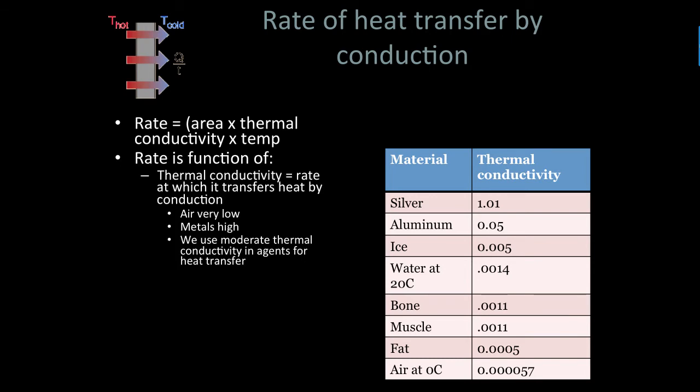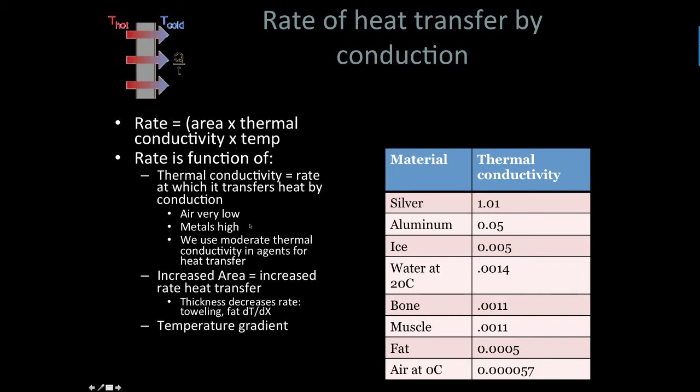So the rate of thermal transfer is a function of the thermal conductivity, so looking at what kind of material we're talking about here, and how much surface area is involved. If we have more area, we've got a bigger highway to have that heat transfer. So in our equation, area and thermal conductivity are direct measures.